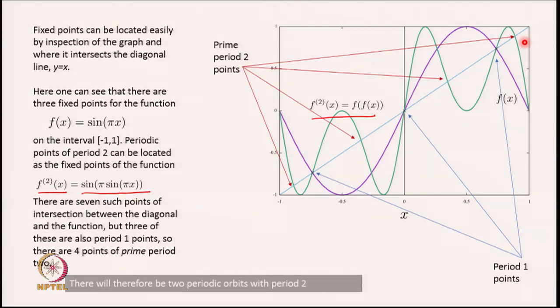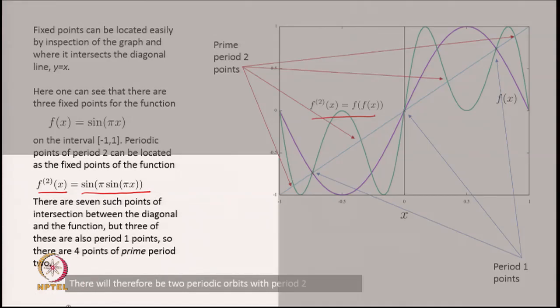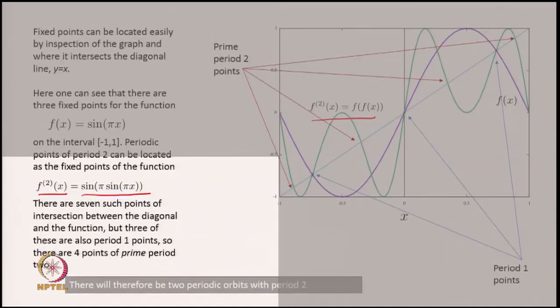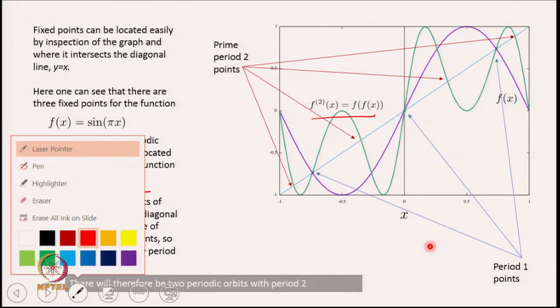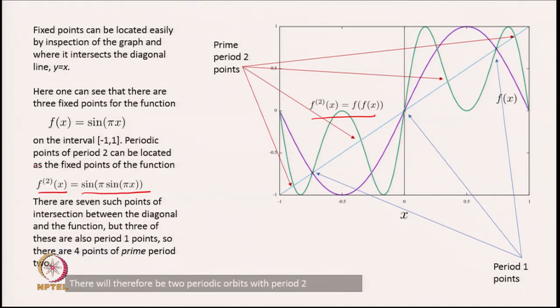Now, there are 7 such points of intersection between the green curve, that is the twice composed map, and the diagonal, 3 of which are period 1. So, we discount these, but there are 4 new points which are of period 2.